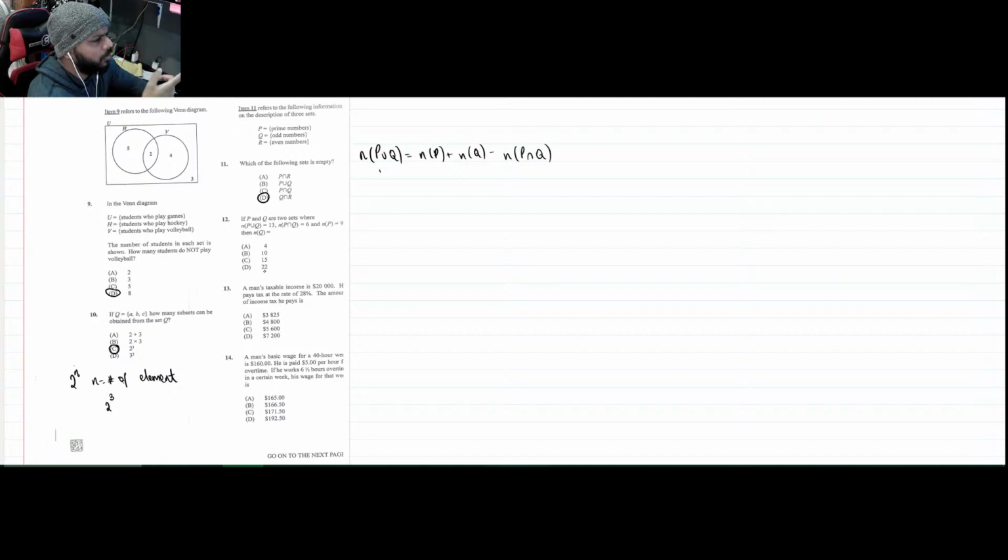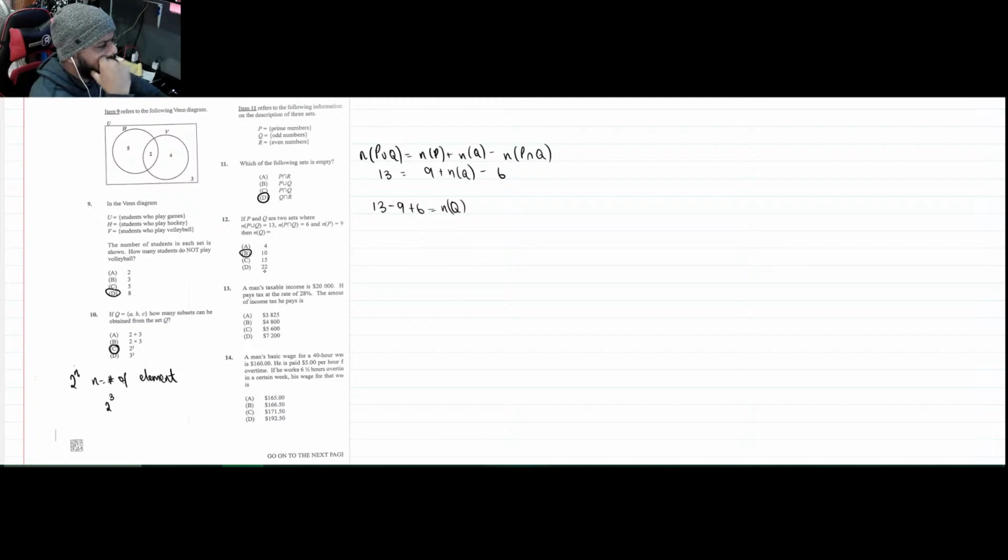P union Q is 13. Number of elements in P is 9. I don't know the number of elements in Q. Take away P intersect Q, which is 6. Send everything across: 13 take away 9 plus 6 is the number of elements in Q. 13 minus 9 is 4. 4 and 6 is 10.